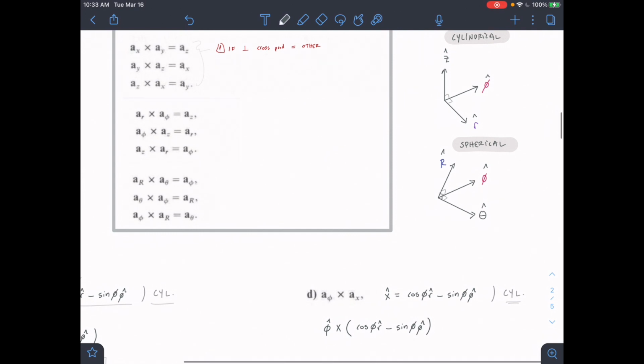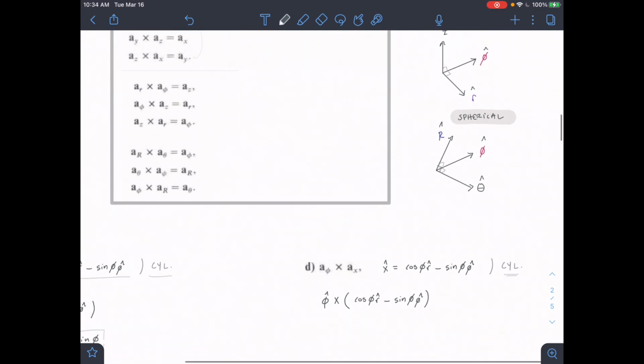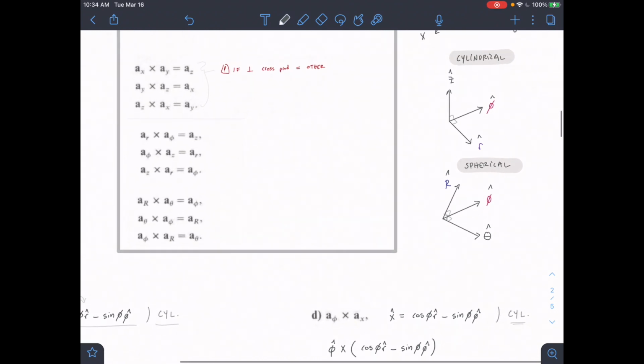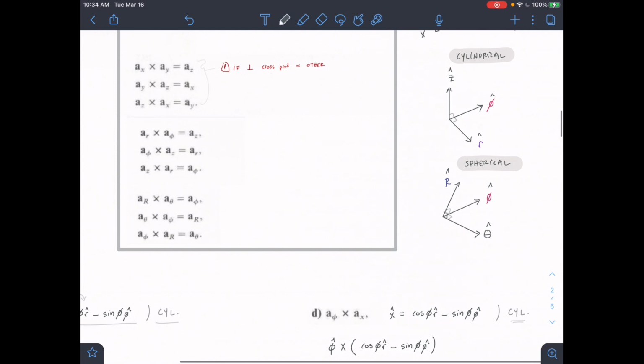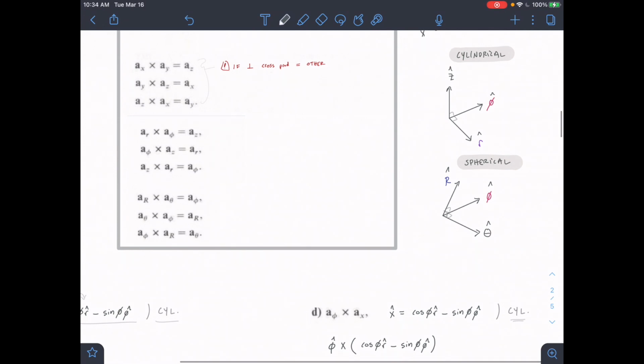I have phi hat cross r hat. So r cross phi is positive z, which means that phi hat cross r hat is going to equal negative z hat, because the direction matters, and it's just the right-hand rule. If you cross them the opposite way, your thumb is pointing the opposite direction.